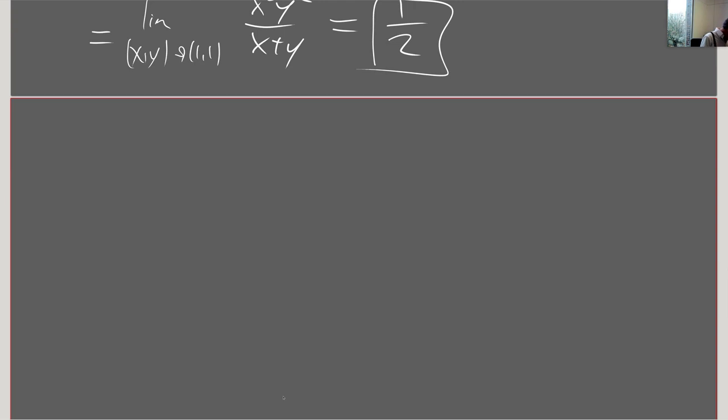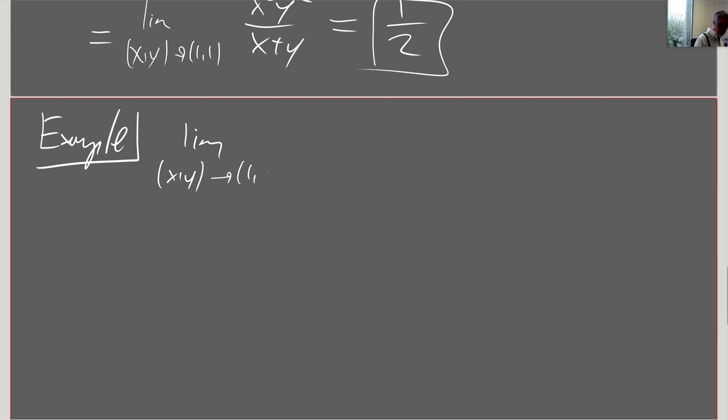And let's do one where it does not exist. All right, let's look at this one. So here's another example. Let's look at the limit. I don't know, well, we'll find out in a second if this exists or not. Let's try to find one that doesn't exist.